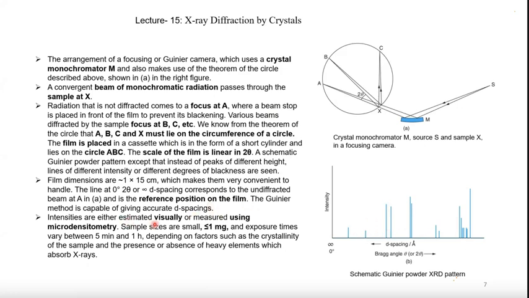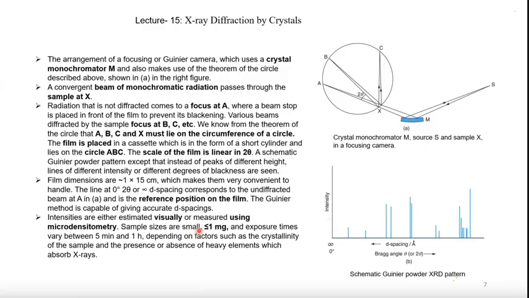One thing is that this intensity, what we measure, can be measured visually or with a micro densitometer. If we estimate it visually, then it is qualitative. A micro densitometer can give us more quantitative intensity data.